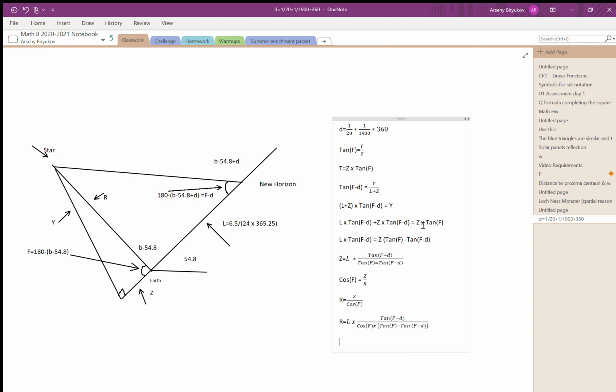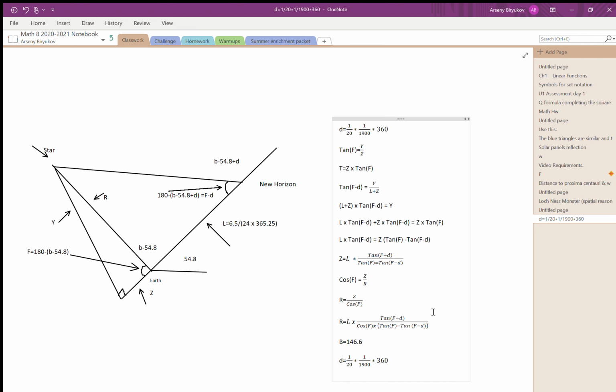To use the formula we just made to calculate the distance to Proxima Centauri, we start with the knowledge that b is equal to 146.6. We also measured that d is equal to 1/20th times 1/1900th times 360.